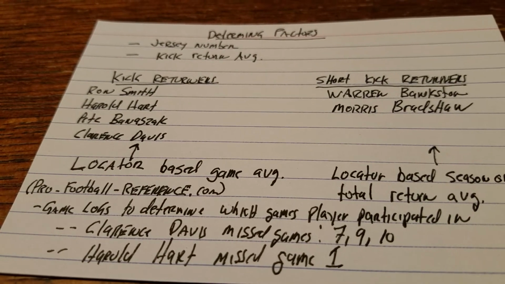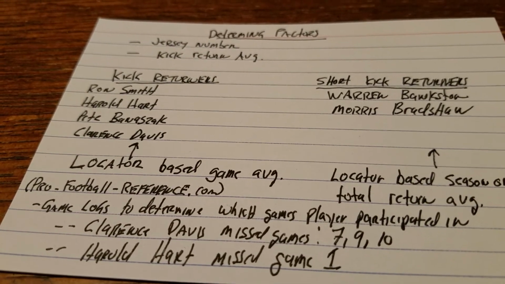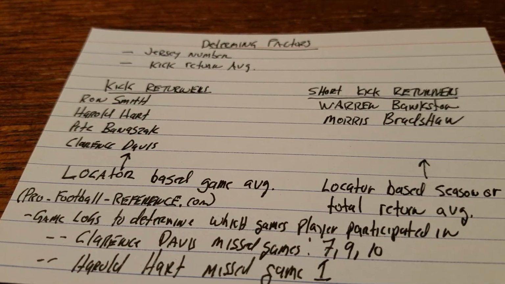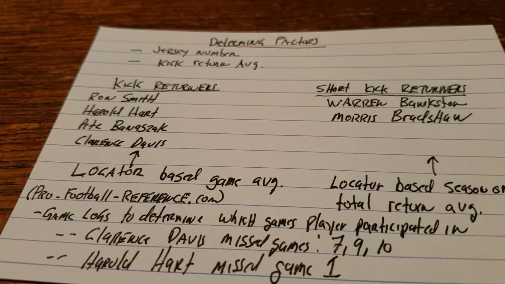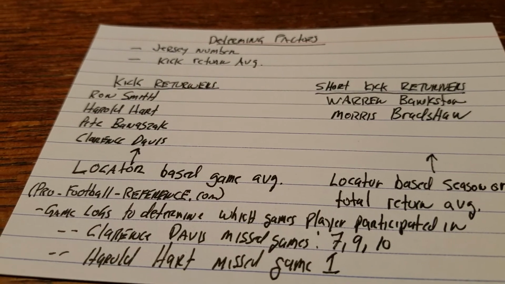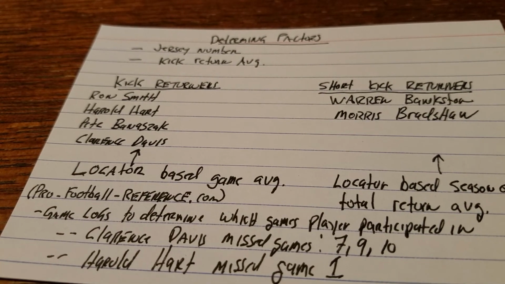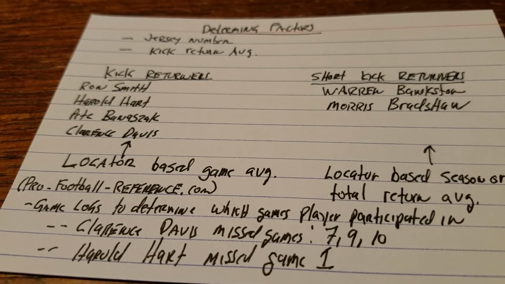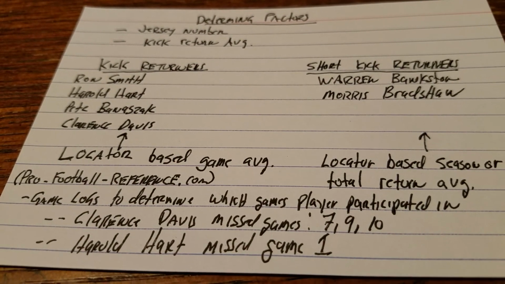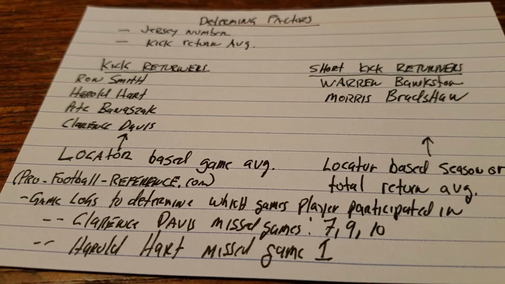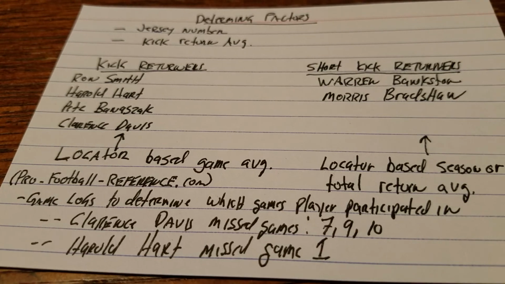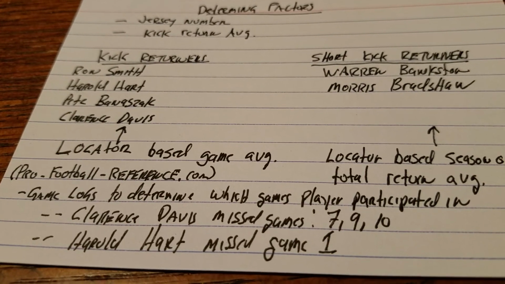Now listen, there's a lot of prep work that goes into a replay. I do this for all the rushers, all the receivers, all the kick returners, all the punt returners, and it's a very time-consuming process, because you have to go to ProFootballReference.com, use the game logs, and determine what games these players actually participated in.